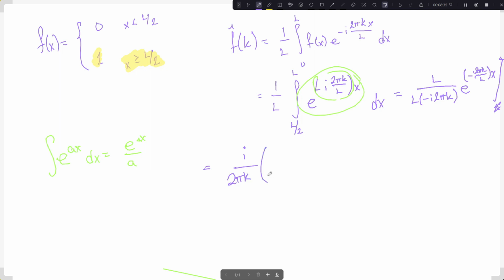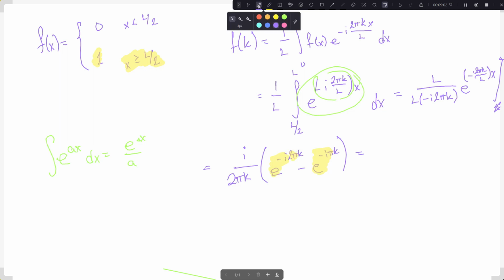And then I evaluate the exponential on the boundaries, and that gives me e to the minus I 2 pi k minus e to the minus I pi k. And I can simplify these using Euler's formula, where e to the minus I pi is negative 1.